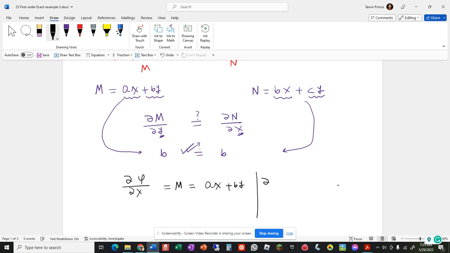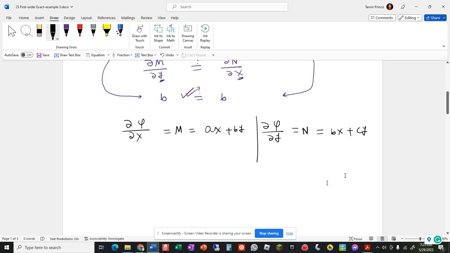And the partial derivative of phi with respect to y should be N, which in this case is bx plus cy. So I'm going to take the integral of both of these equations. That's way number 3.